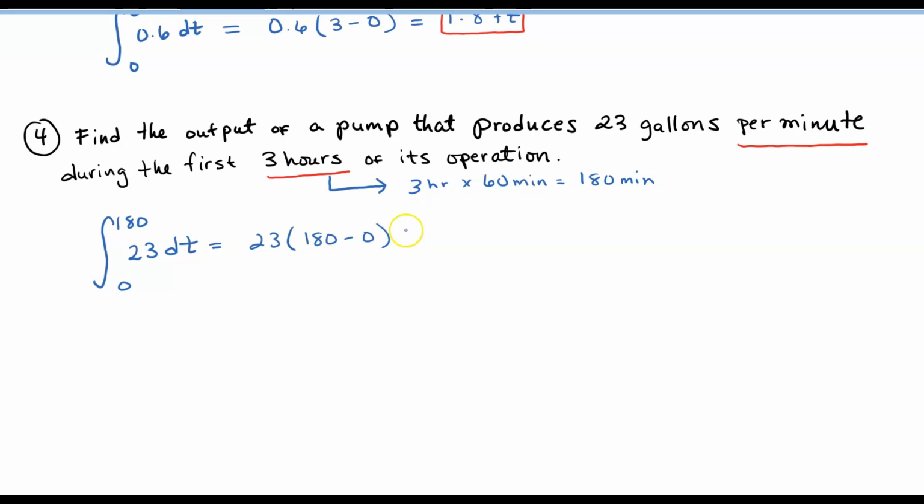And so when we do that, we get 4,140, and in this case it is gallons. That is the unit that we are looking for, 4,140 gallons. And so this right here is what we are concerned with.